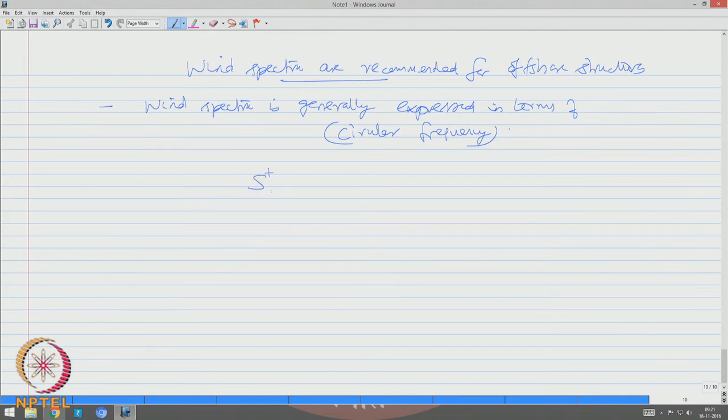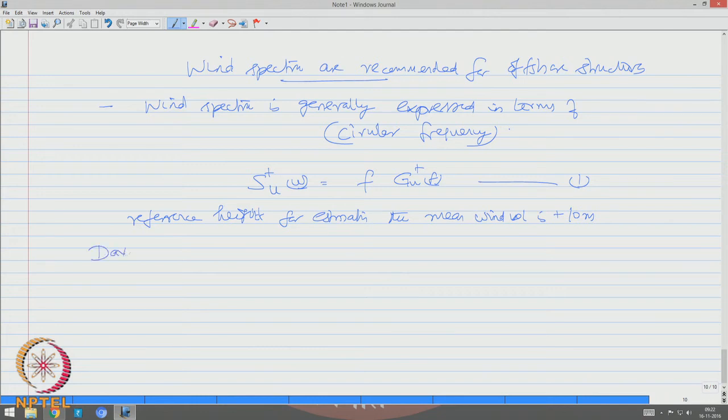Further, S u omega is f of, let us say, G u f. The reference height for estimating the wind force, let us say the mean wind velocity, is 10 meters.